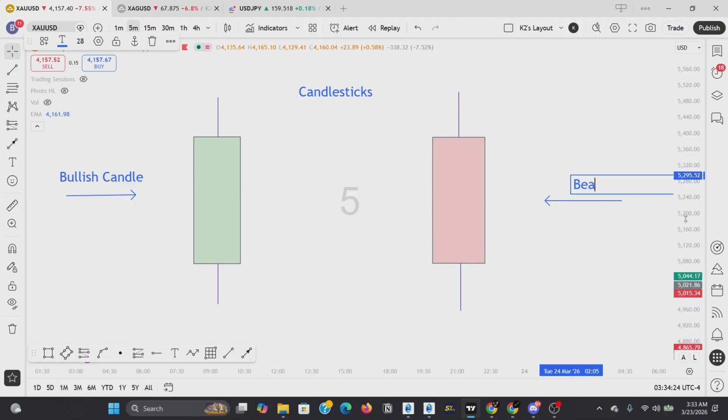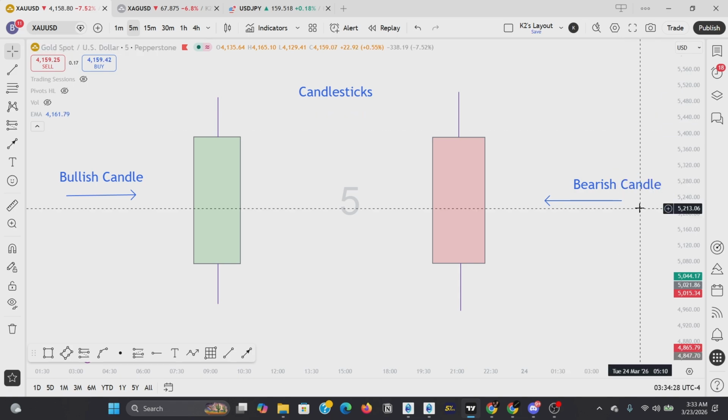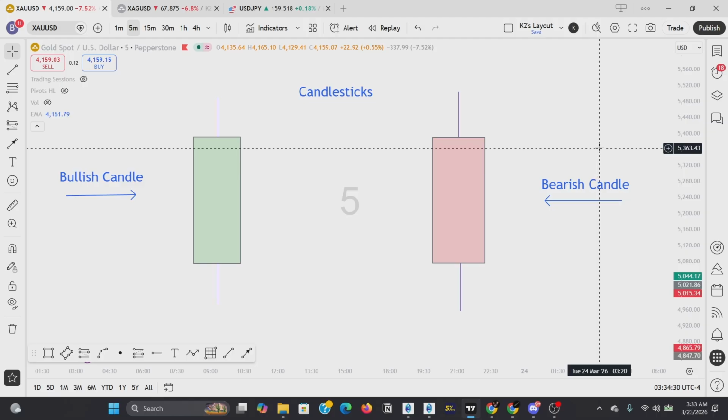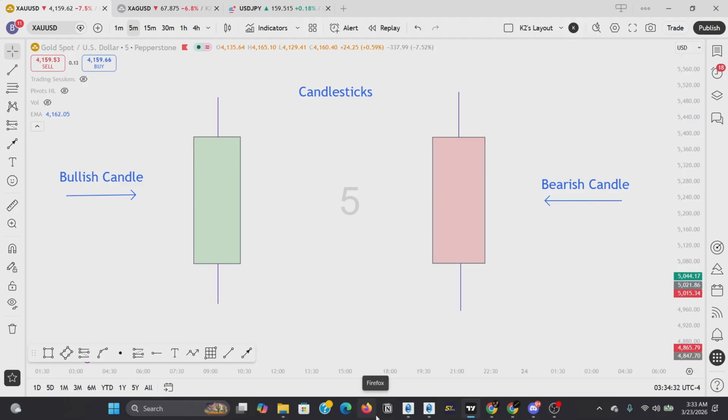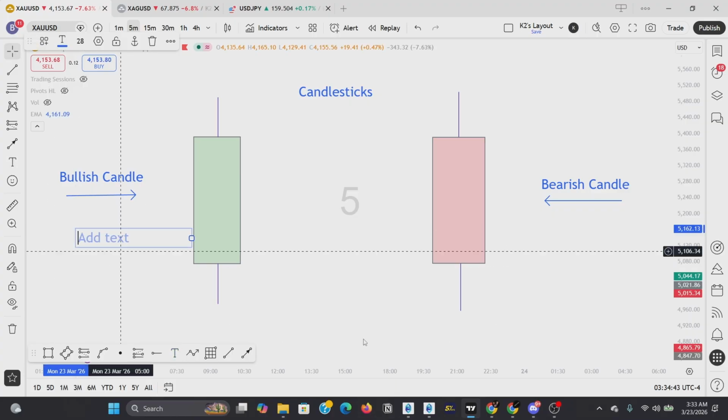This right here is a bearish candle. I'm gonna give you a few seconds to think about what these candles mean, because I told you what bullish and bearish both mean. I'm gonna give you a second to think about it, and then I'm gonna type it out.